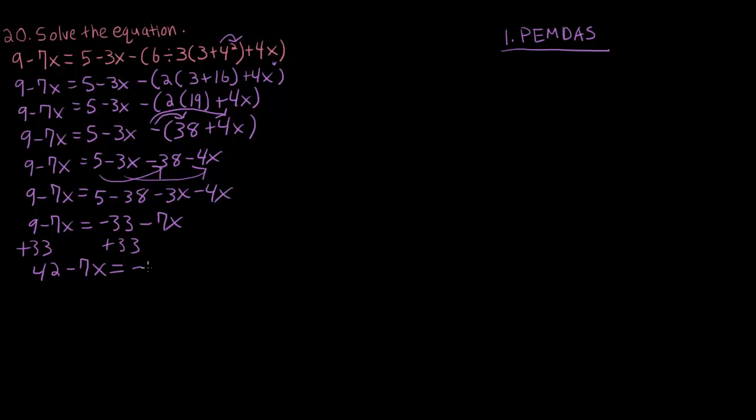negative 7x. Want to get x by itself, so if we add 7x to both sides, we end up with 42 equals 0. And 42 equals 0 is not a true statement. This right here is not a true statement.